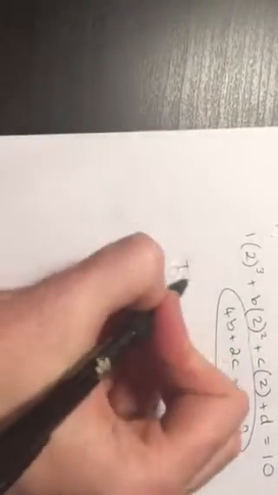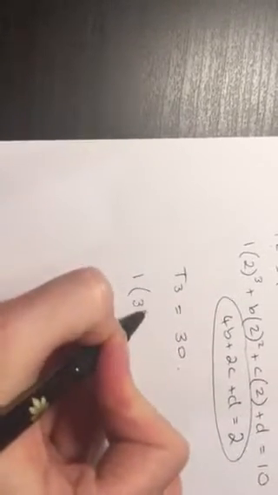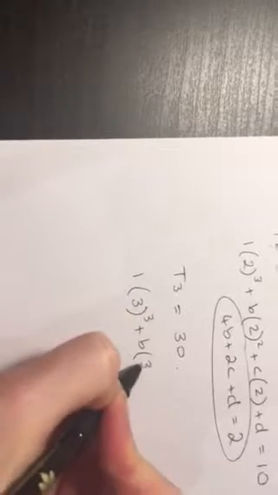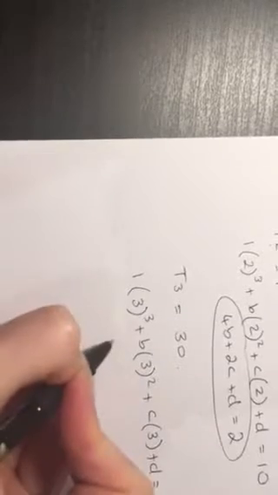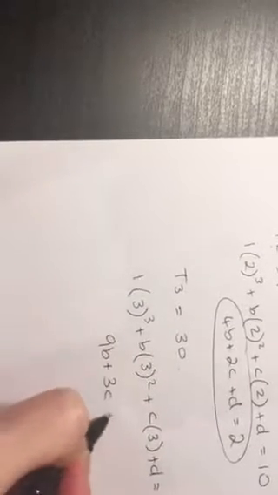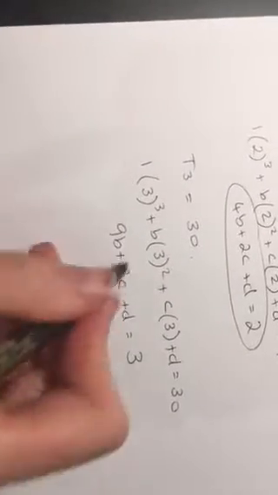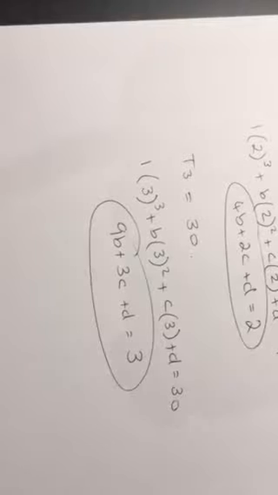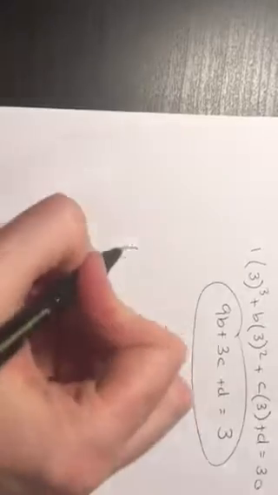And I also know that T3 is equal to 30. So that's 1 times 3 cubed plus b times 3 squared plus c times 3 plus d is equal to 30. Clean that up, that's 9b plus 3c plus d is equal to 3 when I move it around. There's my third one. You should be able to solve that and figure out what b, c and d are. I already know a, and from there you should be able to come up with the general term.